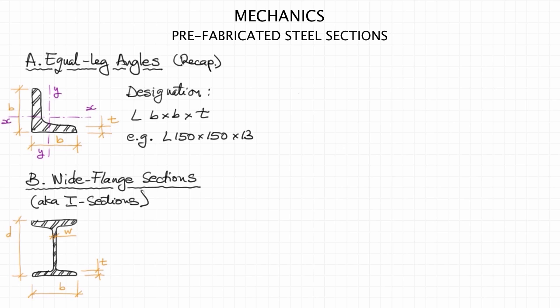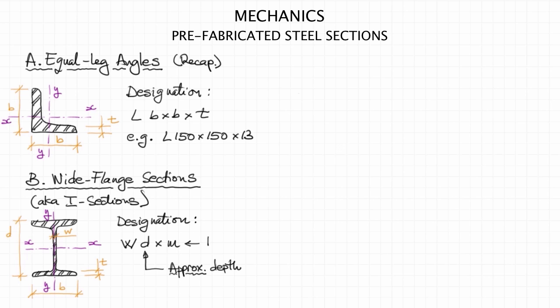The designation for this type of section starts with capital letter W, and that indicates a wide flange section. So letter W indicates that. And then two numbers. The first one is the approximate depth, not the exact depth, the approximate depth, as well as the mass per unit length, which is a parameter that is very useful when we select the most economically efficient section, because we're going to look at the lightest one.